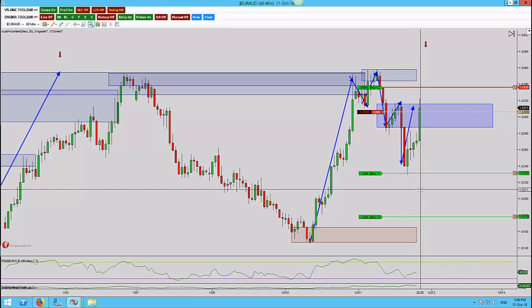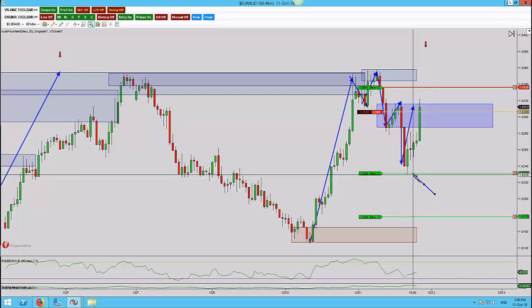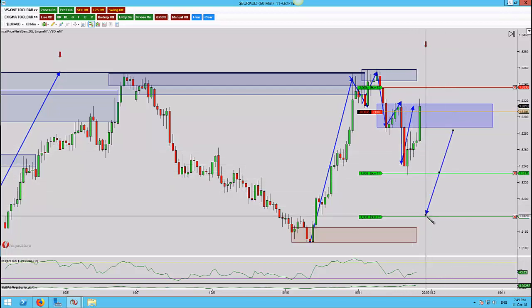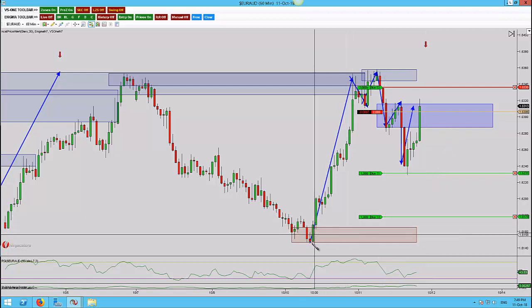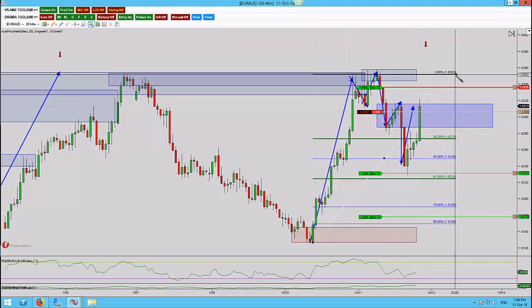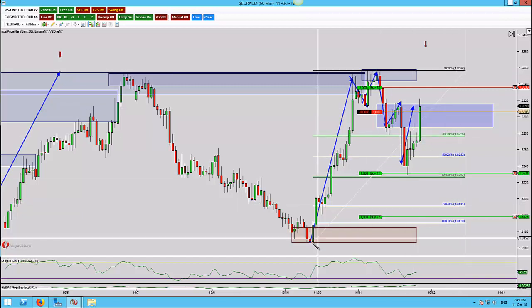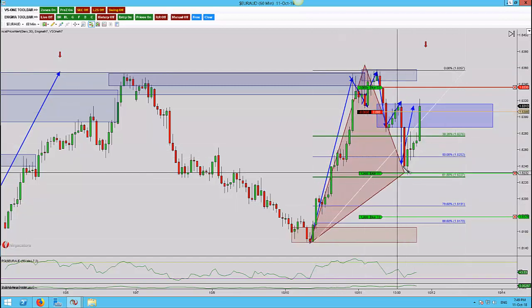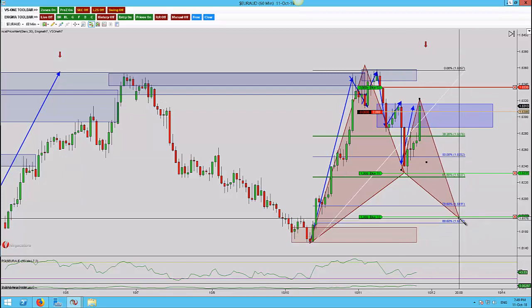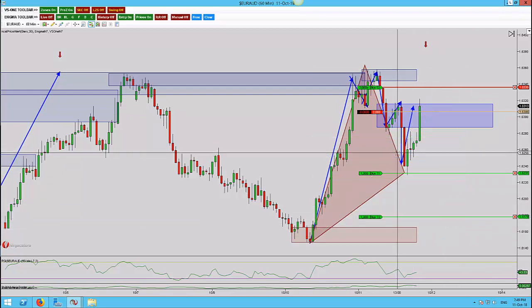But right now, I'm playing for a retest of the lows here and this down at the bottom. So if I just put a fib on here, you can actually see that we have a big bat pattern that's coming into play all the way down there, and my targets are a couple of pips in front of that just in case that does complete.